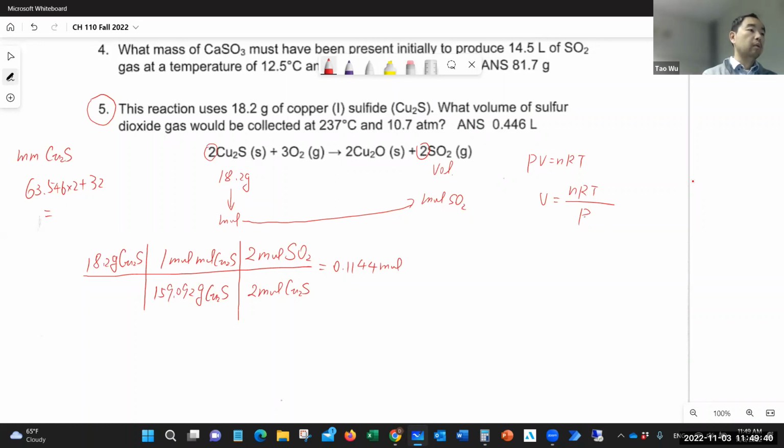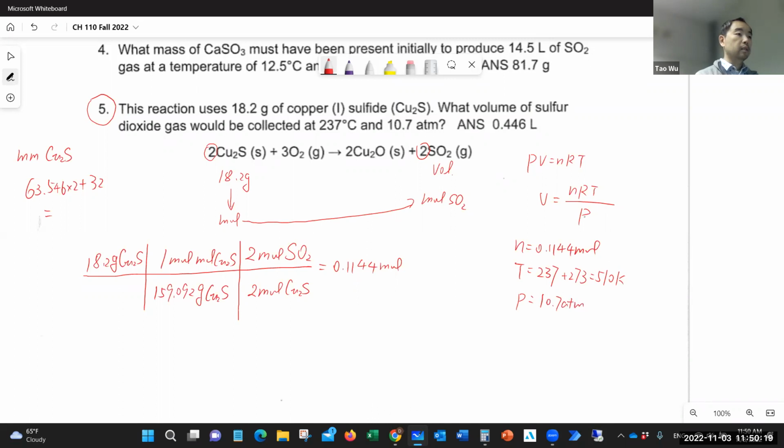Okay, so now we got the moles of SO2. We know the temperature, so let's make a list of those parameters. Moles of this is 0.1144 mole, and the temperature here is 237 Celsius. You see, this is Celsius, so you need to add 273, and you got 510 Kelvin. And the pressure is 10.7 atmosphere.